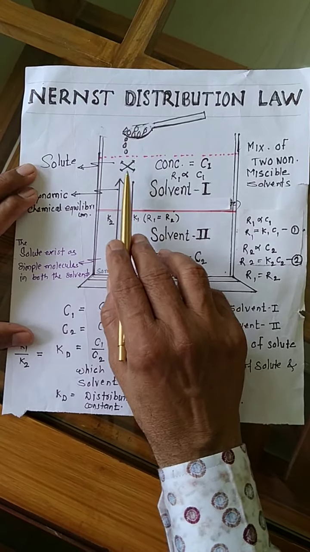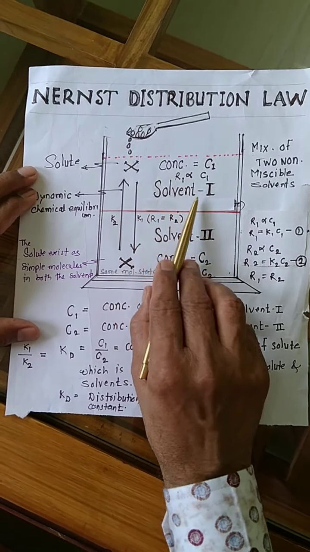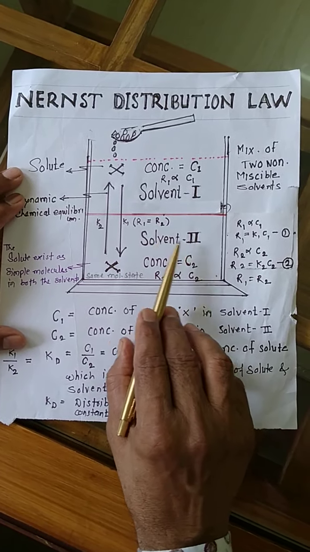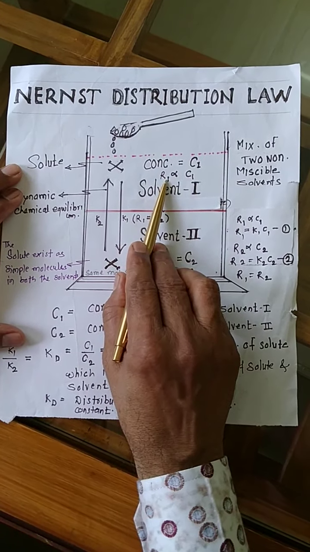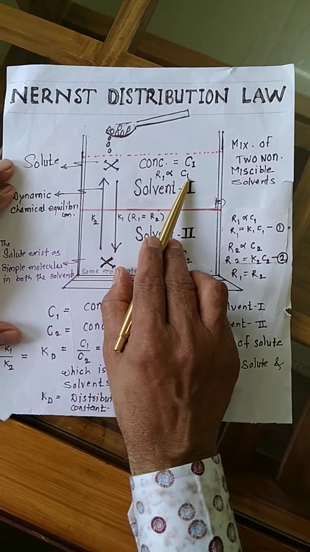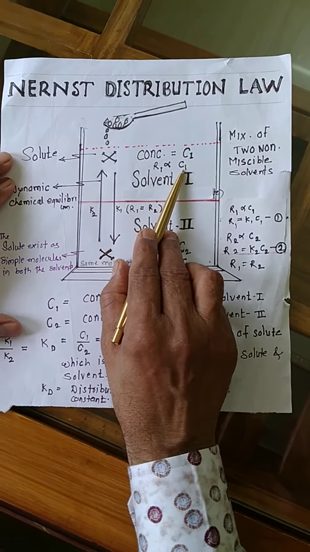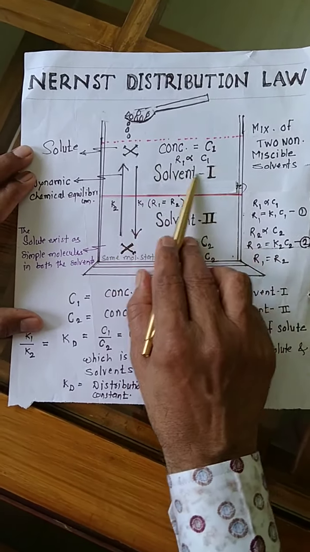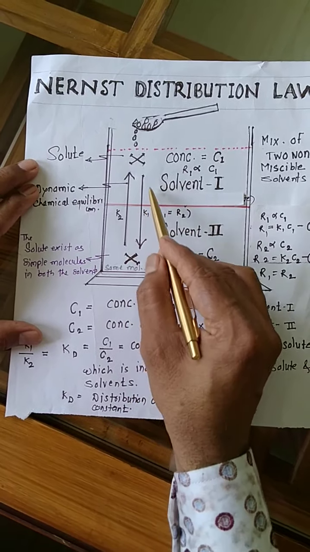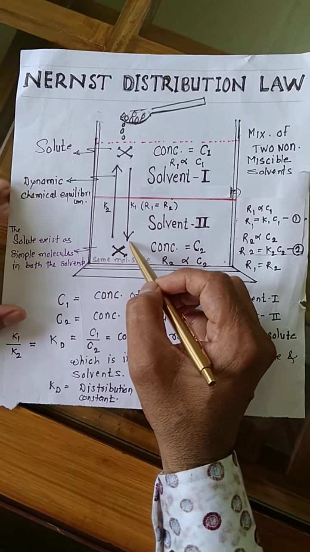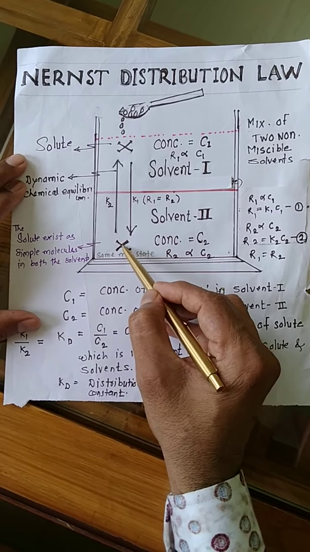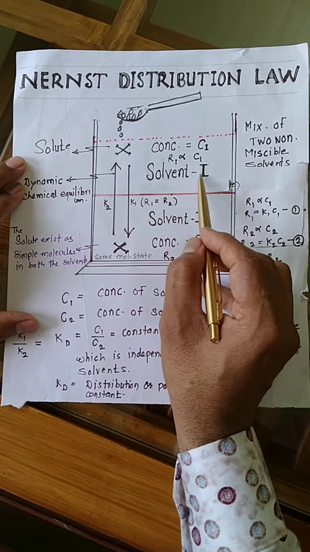Suppose here X from the solvent first passes into the solvent second, the rate is R1, and this rate R1 is directly proportional to the concentration C1. C1 is the concentration of the solute in the solvent first, and K1 is the rate constant of the reaction. A reverse reaction takes place. The solute distributes into the solvent first.